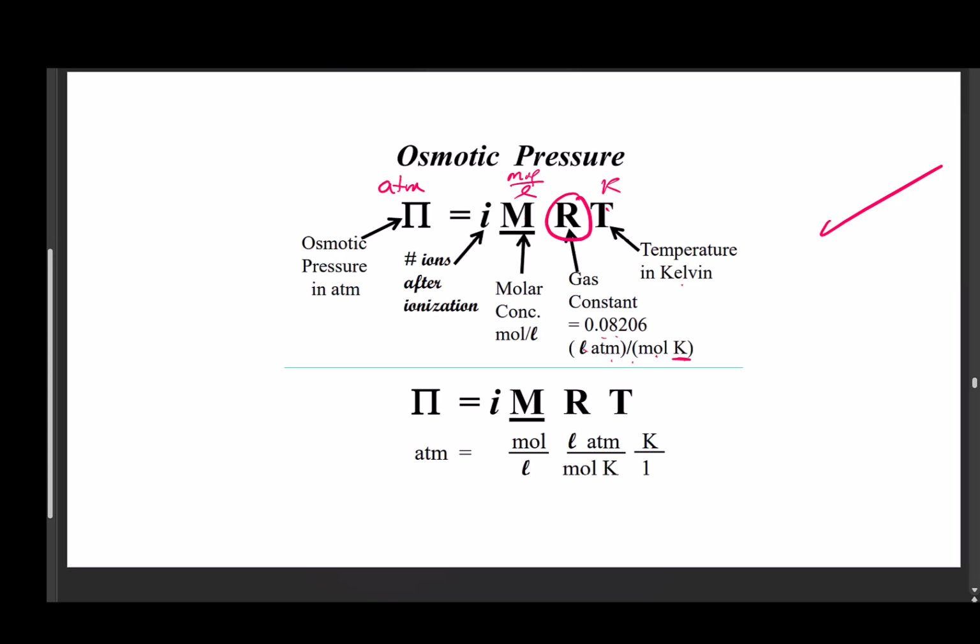So when you multiply i, which has no units, times moles per liter times R's units times Kelvin, the Kelvins cancel, the moles and the liters cancel. You're left with atmospheres for pi. Okay? I think I put one of these on your first quiz, right? Probably next week.